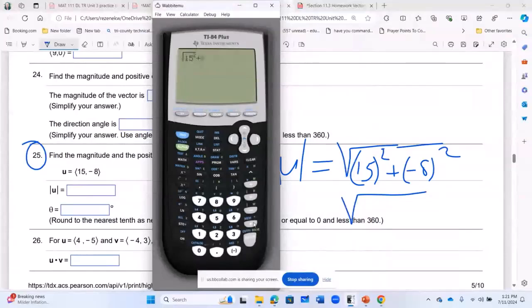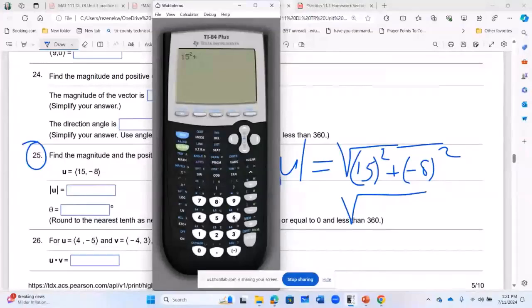plus the y component squared. It's negative, but I can do 8 squared. That's 64.